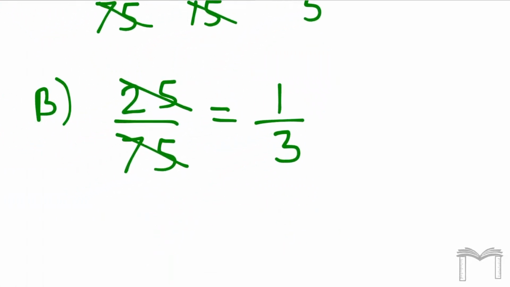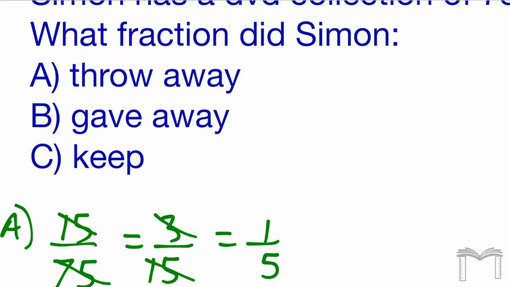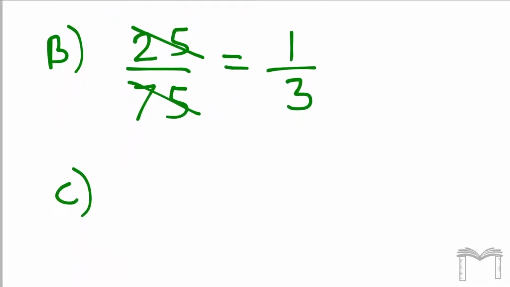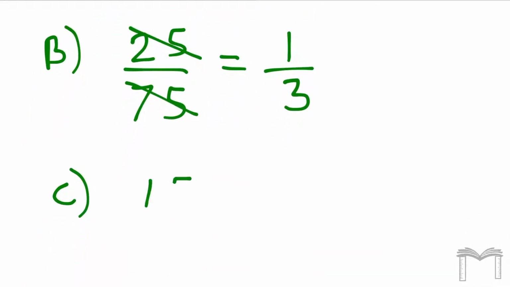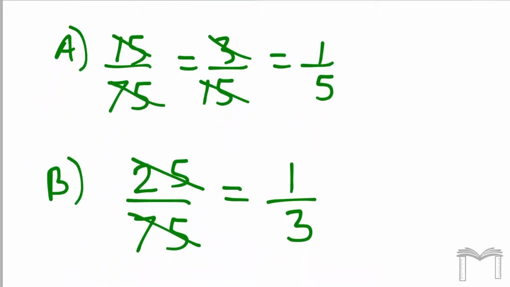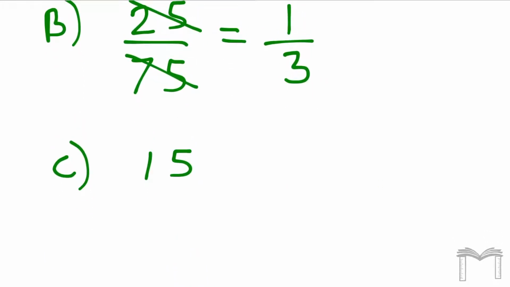Part C, what fraction did Simon keep? So he gave away 15, he gave away 25 and threw away 15. So we need to add those two amounts that he no longer has, and that will give us 40.